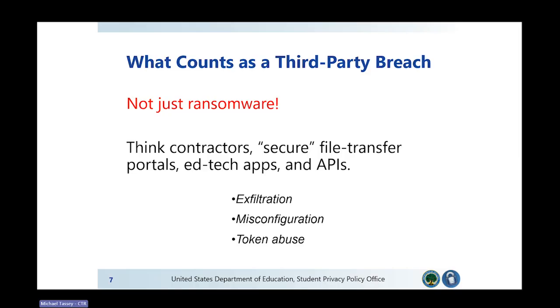Think about simple misconfigurations where perhaps sensitive data was uploaded to a folder that wasn't configured properly. And things like token abuse and some of these new generation of things like multi-factor authentication fatigue attacks and other sorts of technical attacks which use tokens or abuse users into allowing things to happen from a technical perspective.